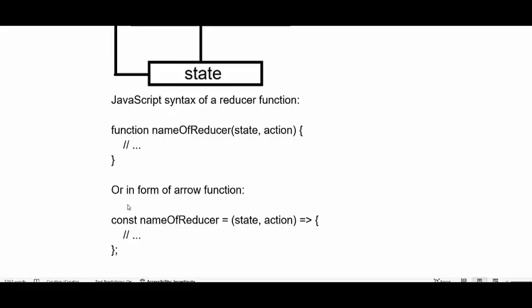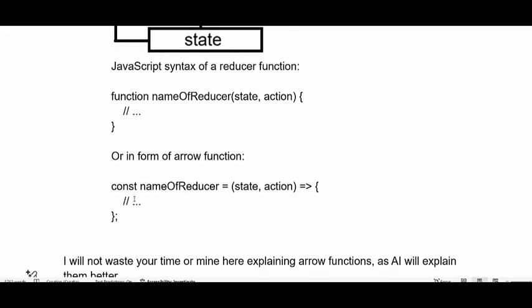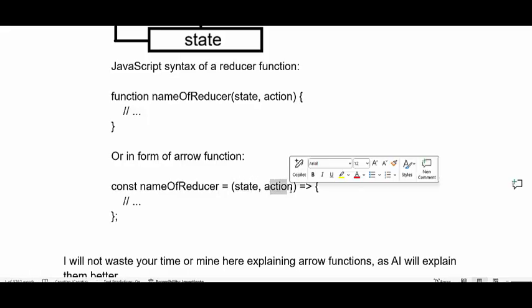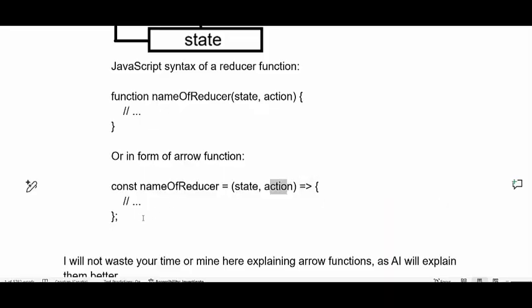JavaScript syntax of a reducer function. Here it is. Function name of reducer and parameters state and action. In curly brackets, we have the code, the body of the function. Or in the form of an arrow function: constant name of reducer equals state, action, arrow, and in curly brackets the body of the function.